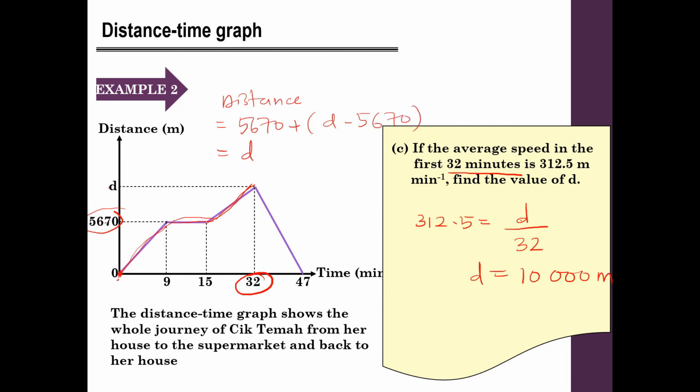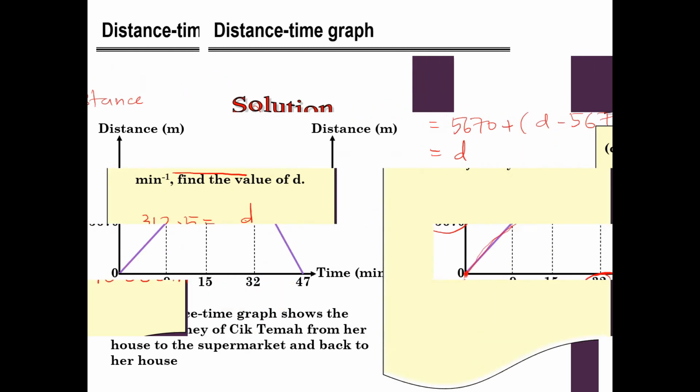The distance will be D. So therefore I just write D, because we know that from here to here the total distance will be equal to the maximum value, which is D, because the distance starts from 0 meter. Okay, so that's the solution.